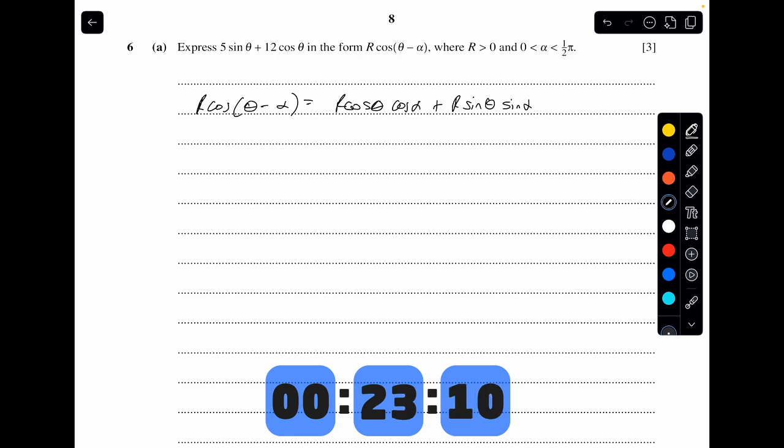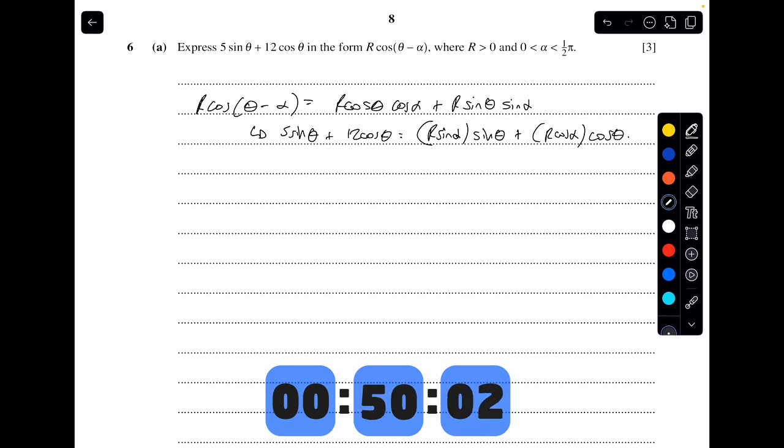Okay, now if you've got r, we can say that 5 sine theta plus 12 cos theta is therefore going to equal r sine alpha sine theta plus r cos alpha cos theta, right?